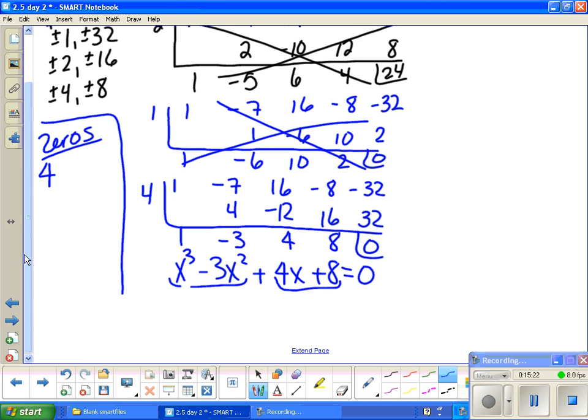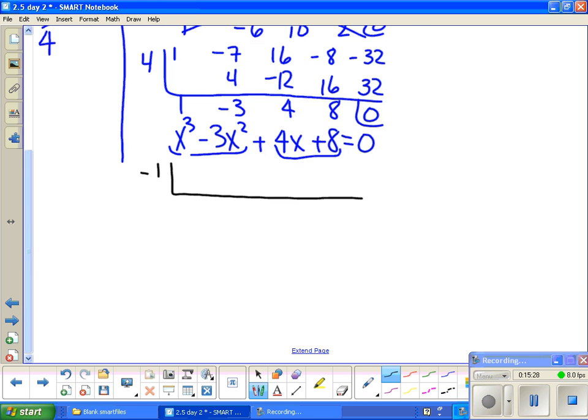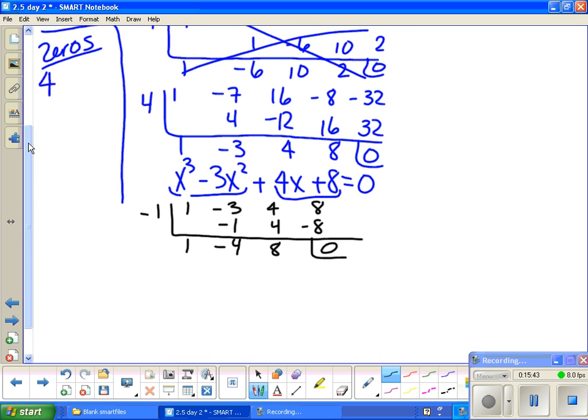I tried positive 2, positive 1. Let's try negative 1. Negative 1 on 1, negative 3, 4, and 8. All right, so negative 1, part of our zeros.